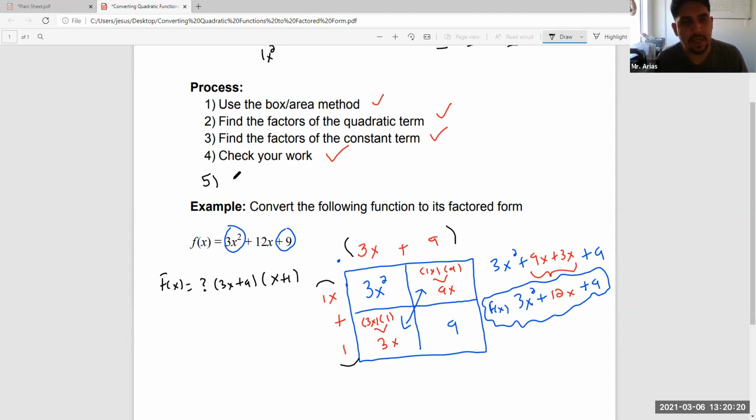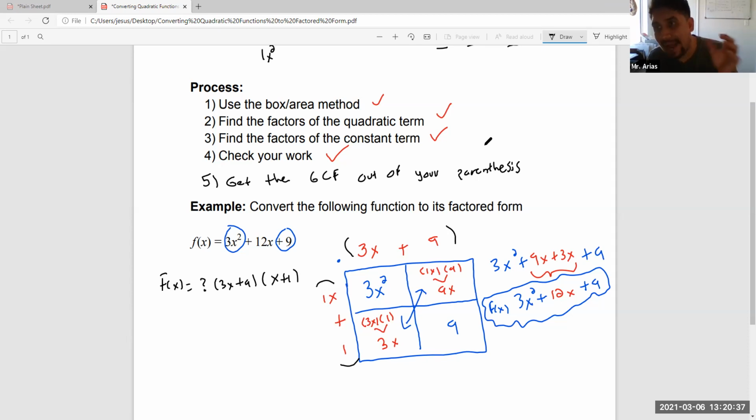And that is, we have to get the GCF out of your parentheses. Now, what the GCF is this value, the highest number that you can divide any two numbers or three numbers or four numbers in an expression by in a clean way, which means we do not get any decimals back.